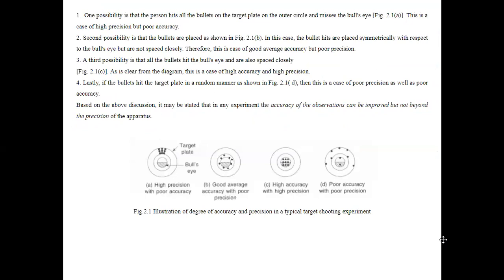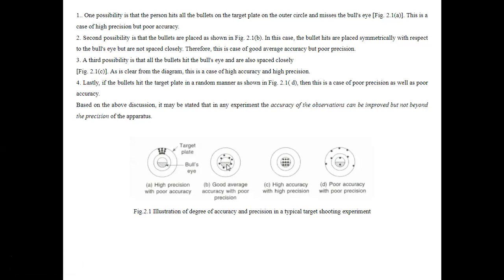Therefore, there is a difference between accuracy and precision. See that in the first, our target is nothing but this bullseye. Now, if all the bullets are fired at one point around the periphery of the circle, then we can say high precision with poor accuracy, because precision means repeatability. Now in figure B, good average accuracy with poor precision.